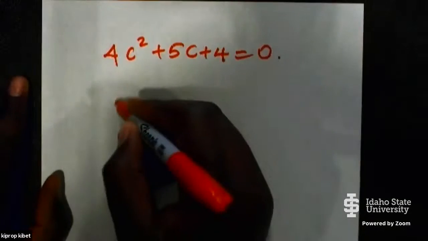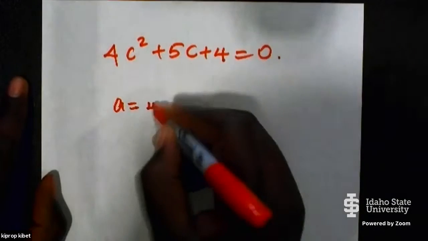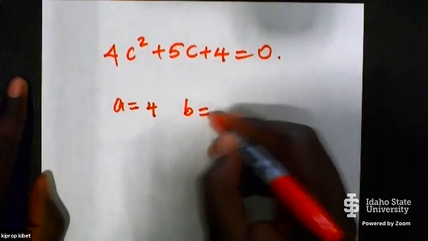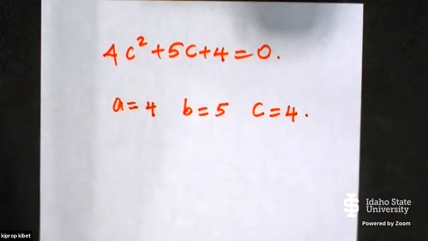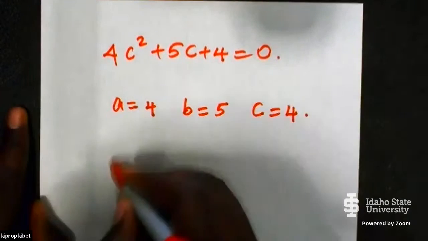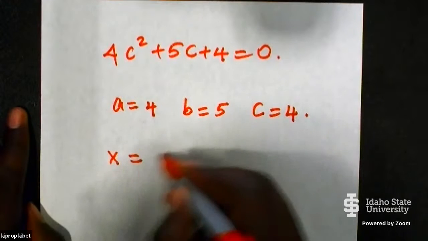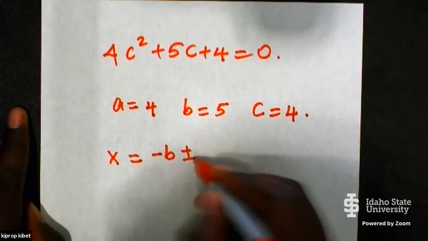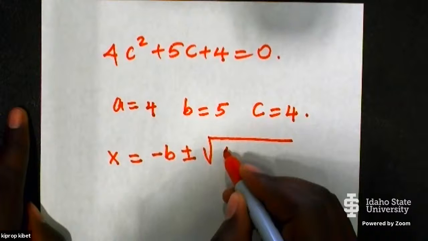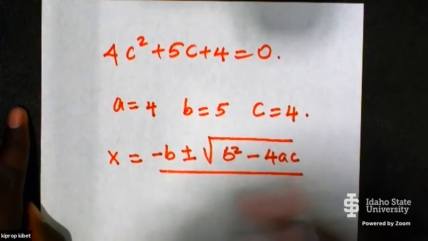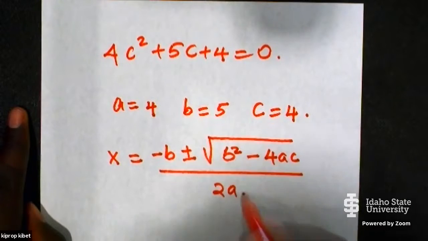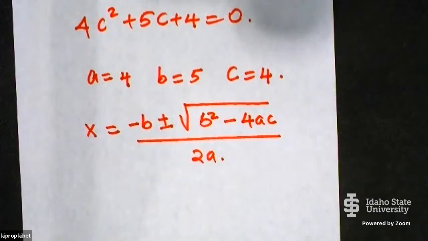So we know our a equals 4, our b equals 5, and our c equals 4. Our formula is of the form x equals minus b plus or minus the square root of b squared minus 4ac, all over 2a.